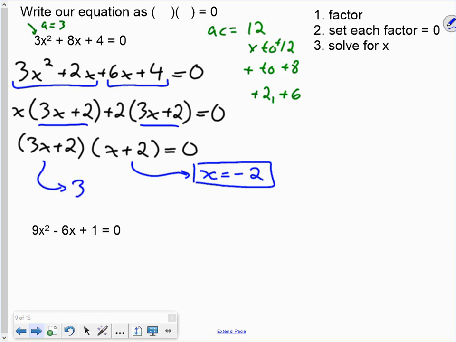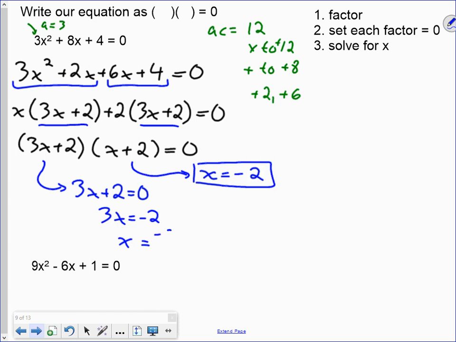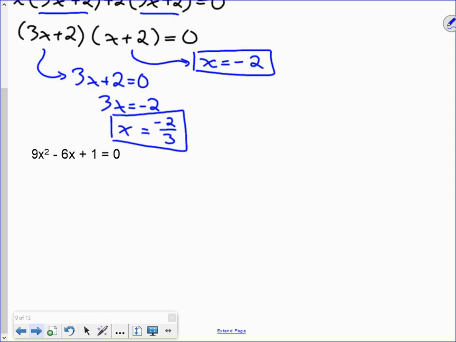I might have to say 3x plus 2 is equal to 0, and then solve that little linear equation by bringing the 2 over to the other side. 3x equals negative 2, and dividing by 3, x equals negative 2 divided by 3. Those are my two solutions.